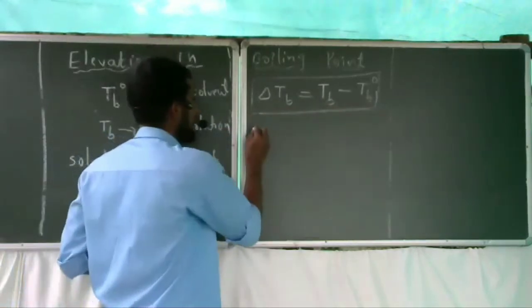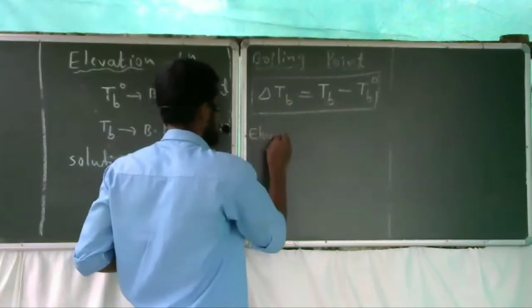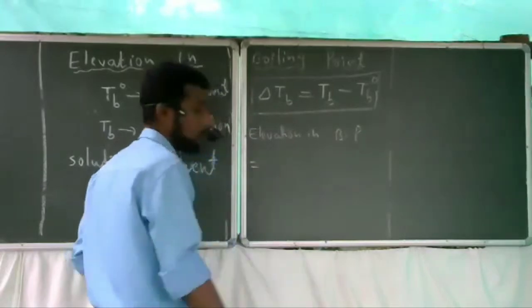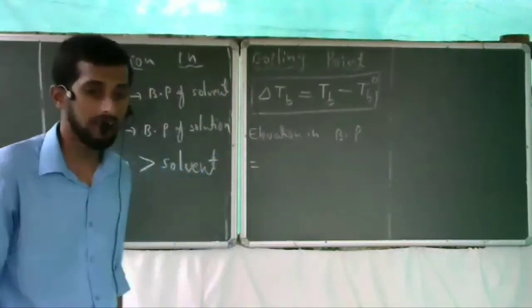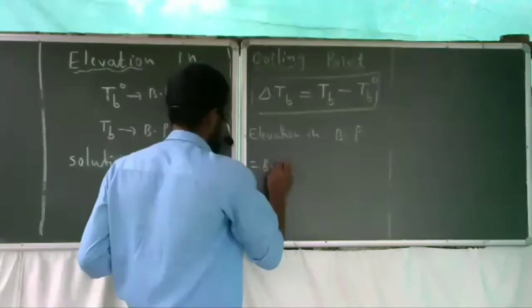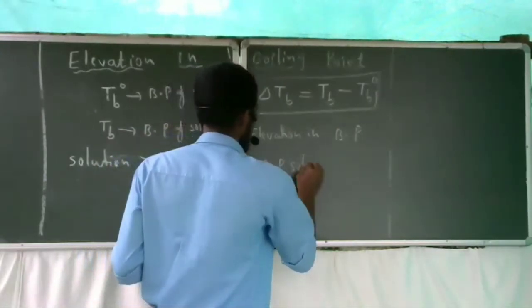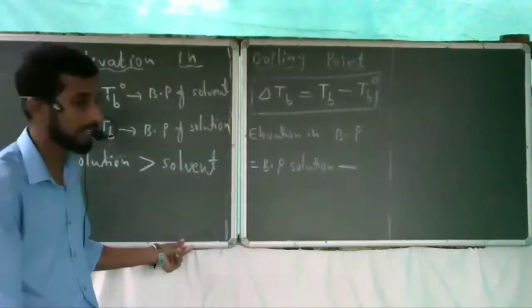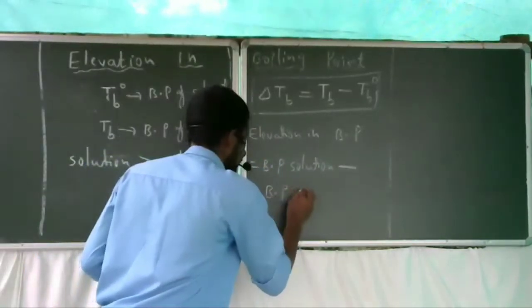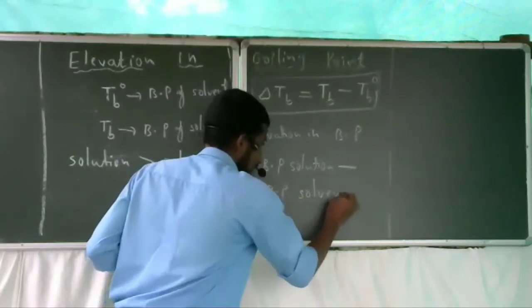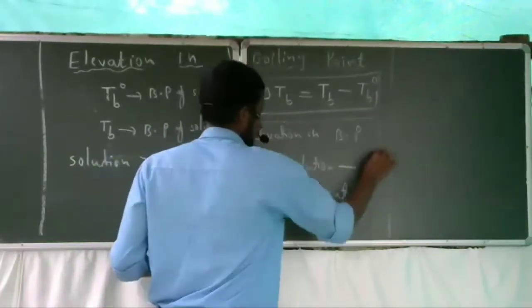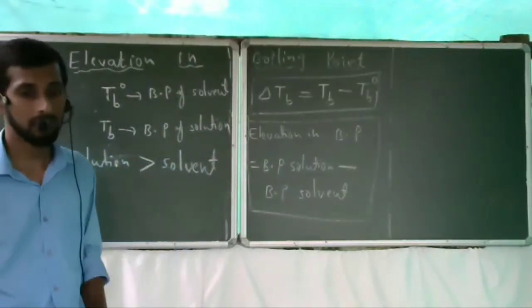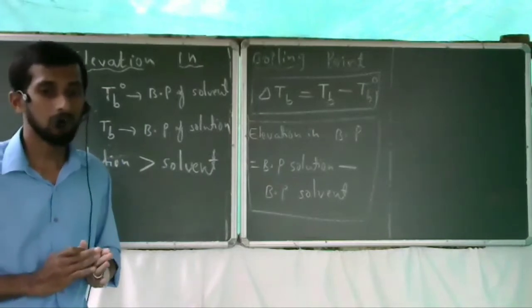So elevation in boiling point is equal to boiling point of the solution minus boiling point of the solvent. This is actually the meaning of elevation in boiling point. Okay, clear?